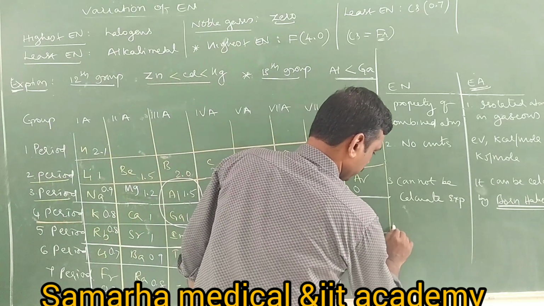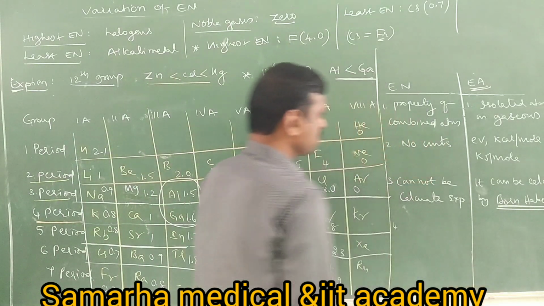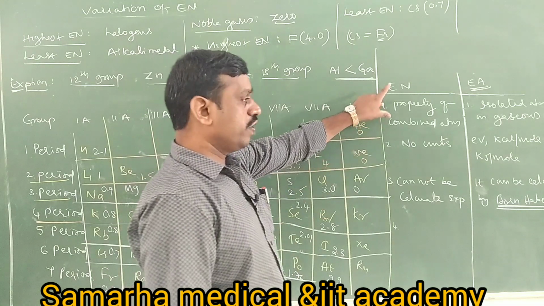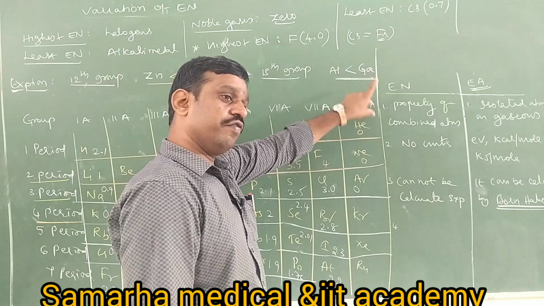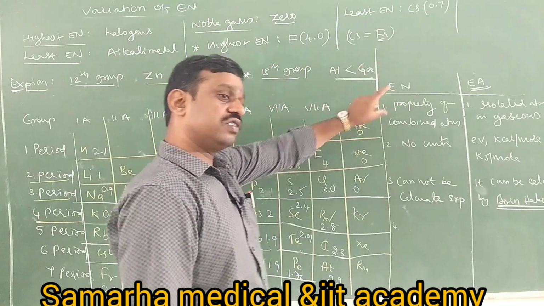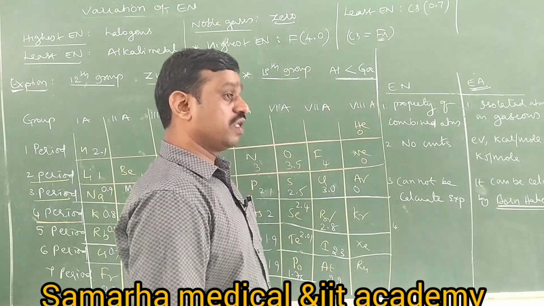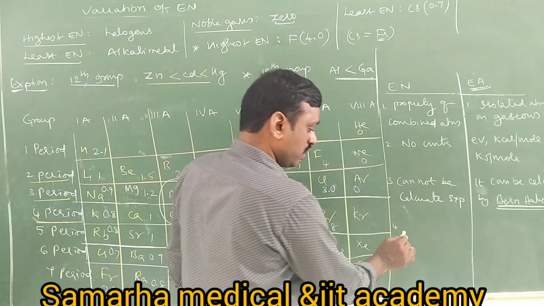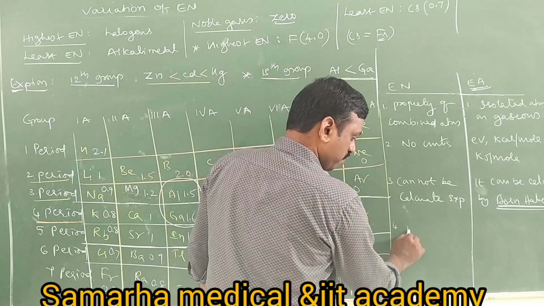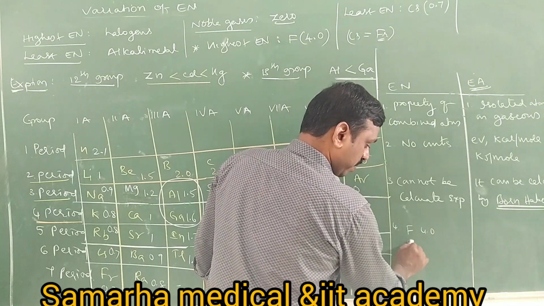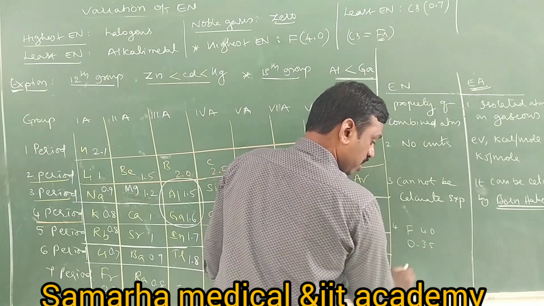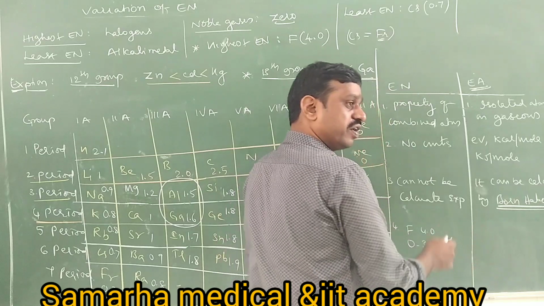Next, the fourth difference is electronegativity. Is the value of electronegativity constant, or does it vary, or depend on any other factor? It varies. For example, the electronegativity of fluorine is 4.0. The electronegativity of oxygen is 3.5. The electronegativity of O plus is different.